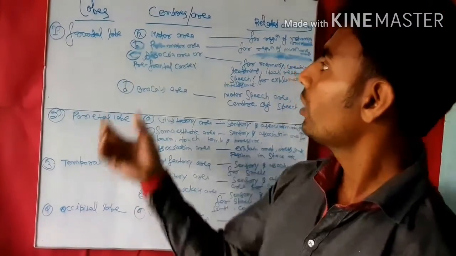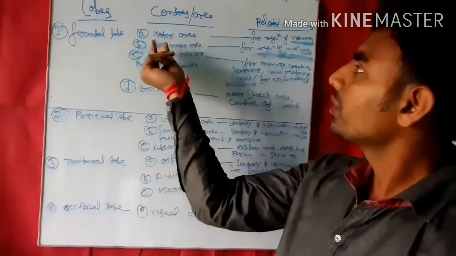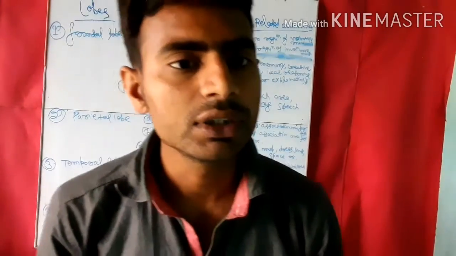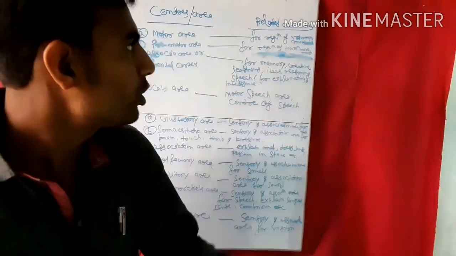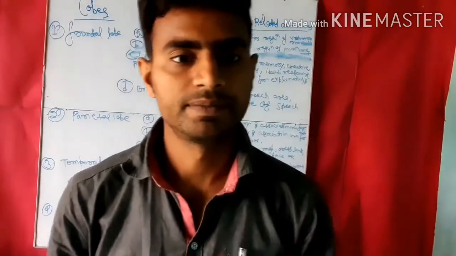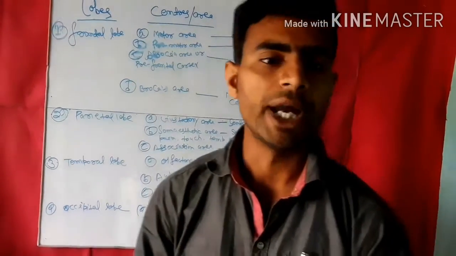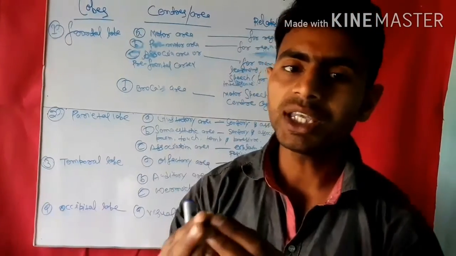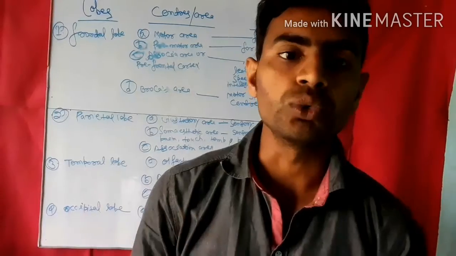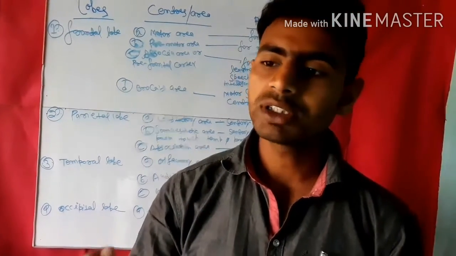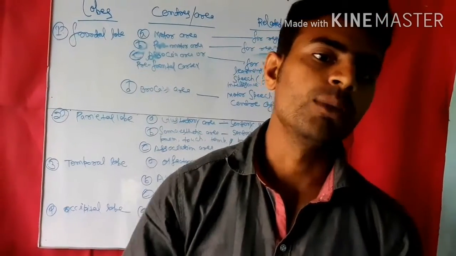The function of the motor area, its related activity, is regulation of voluntary movement. This means movement that is in our control, the functions which we can control, that is voluntary movement.